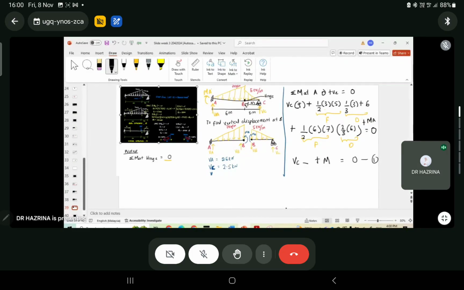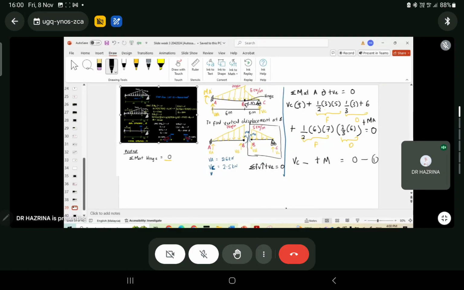How to make use of your hinge? So, you boleh cut, you boleh ambil bahagian, contohnya you boleh ambil bahagian sini sahaja. Which is bahagian CB sahaja. Okay, so bila you ambil this bahagian sahaja, now you can find what is your VC. Okay, so to get your VC is very straightforward. So you just can have summation forces vertical upward positive equals to 0.